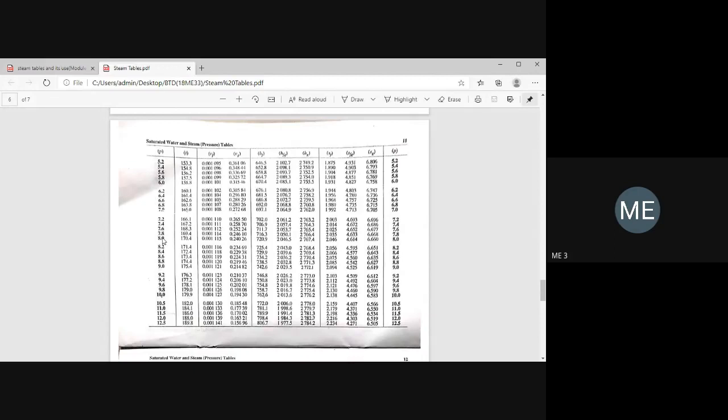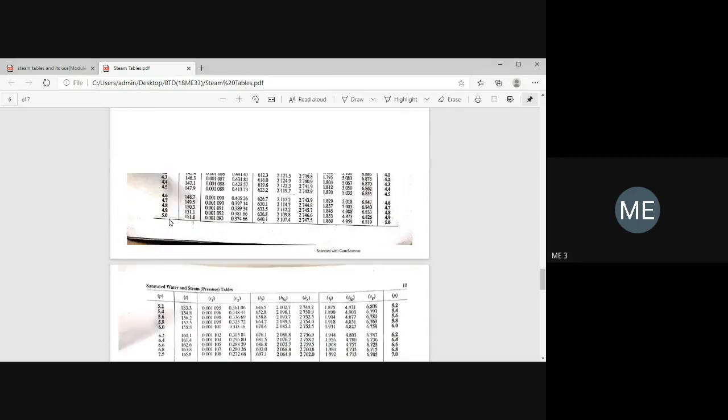We get the saturation temperature as 170.4 degrees Celsius, and then HF, this is the HF, 720.9 kilojoules per kg. HFG, the latent heat, is 2046.5. HG is 2767.4. This is how to see the steam table. Like that you can find out any value.